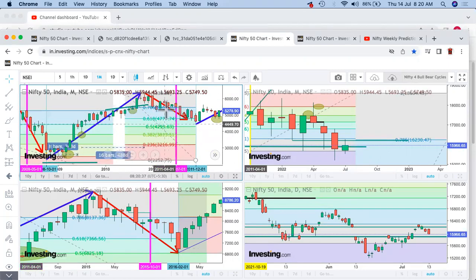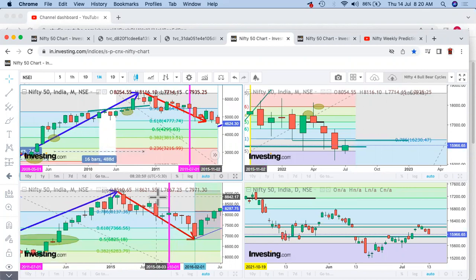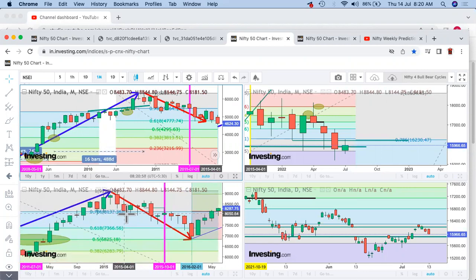During the bear phase, it doesn't just directly come down, it gives us reversals. Probably this was the month where it gave a reversal, and the reversals mostly happened at the end till 0.76. So we have considered the same thing here also, from the low to the high and the reversal which is there. Yes, probably this was the reversal which came down to the 0.76 level. I'll just zoom this.